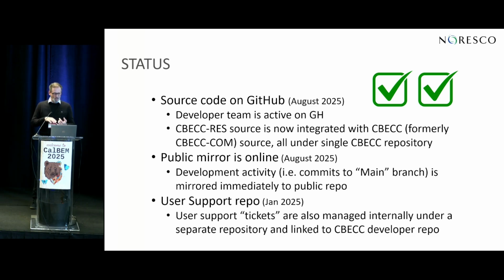So there was some code merging and blending, right? As we talked about, Nikhil mentioned it, others mentioned it over the course of the last day and a half. The CBECC res is now sort of blended. The source code is mixed with CBECC. So that all happened right before we flipped the switch, right before we migrated over.